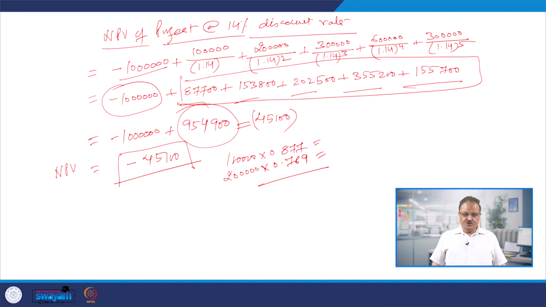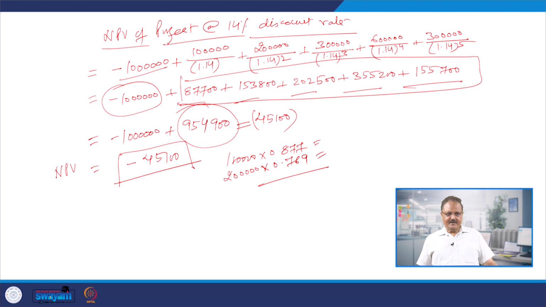If you see the absolute value without discount, you will find it is how much? 2, 3, 6, 12 and 15 lakhs. So the absolute value is 15 lakh rupees. If you simply calculate the non-discounted net present value, you will find the project's net present value is positive by 5 lakh rupees or 500,000 rupees.